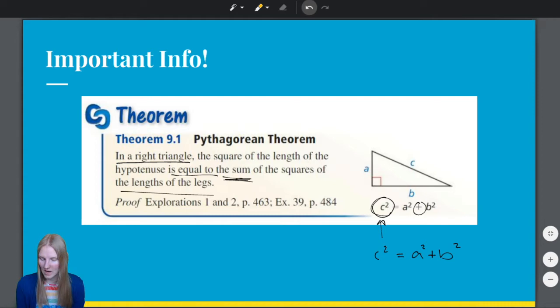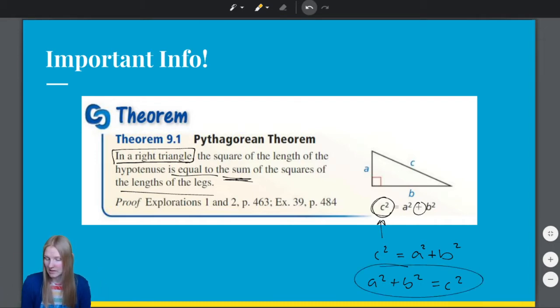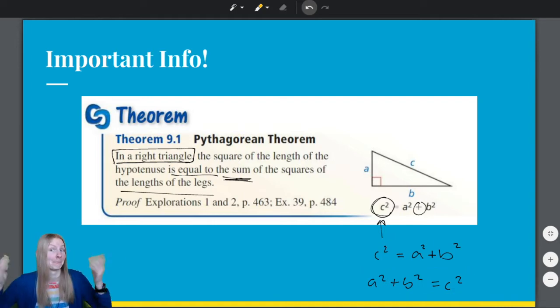So c squared equals a squared plus b squared. You can also rewrite this as a squared plus b squared equals c squared. It's whatever you're comfortable with. But if we have a right triangle, then the Pythagorean Theorem is true. If we don't have a right triangle, does the Pythagorean Theorem work? I don't know. So we're only going to use it when we see a right triangle.